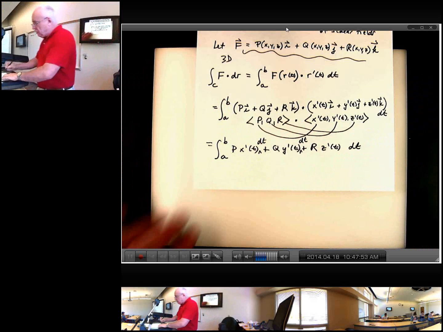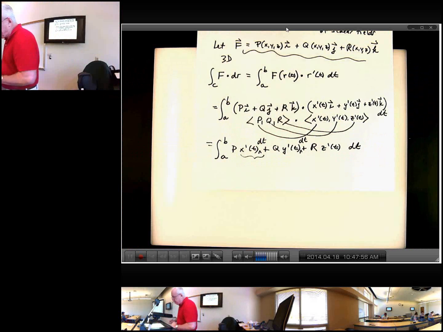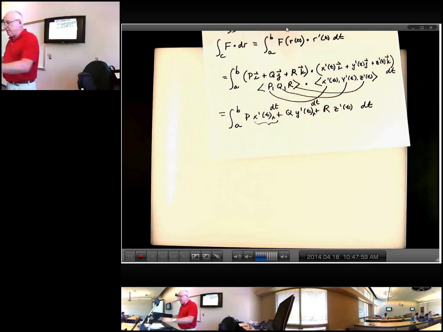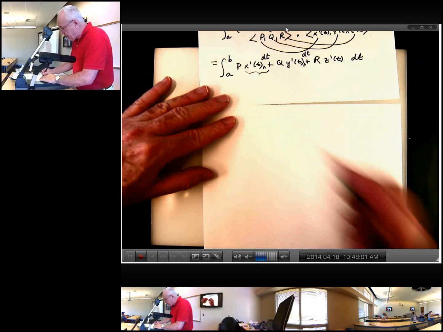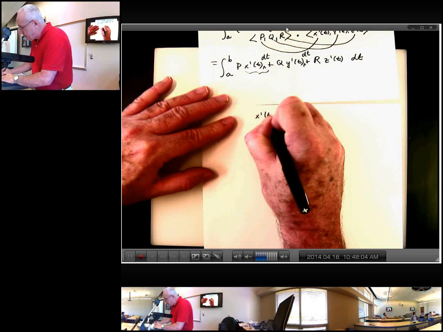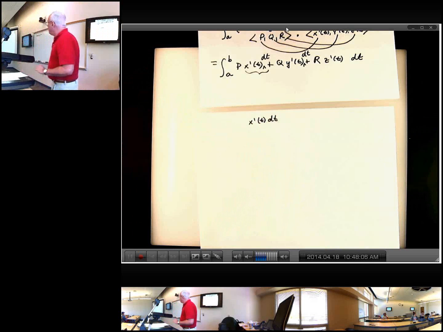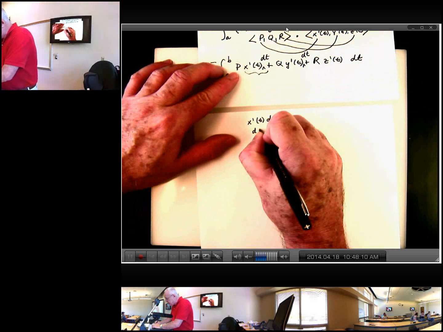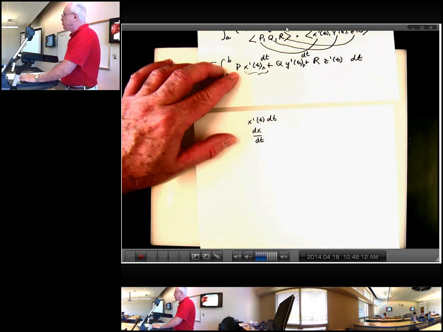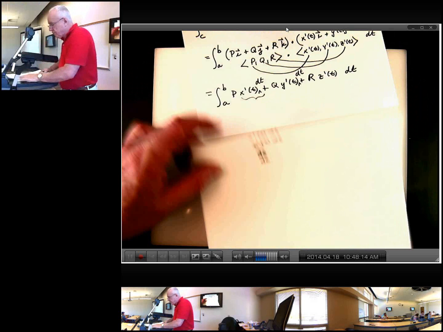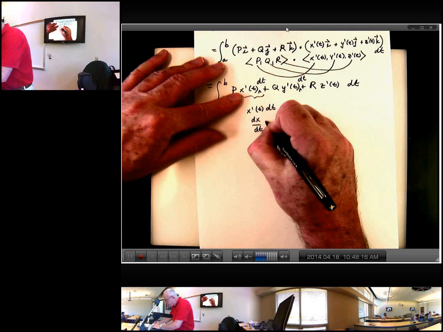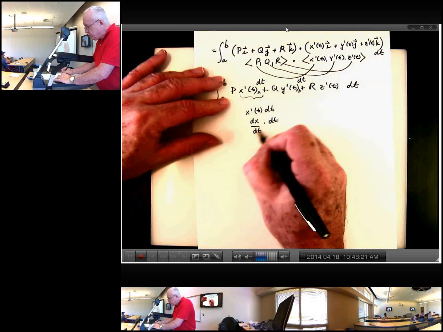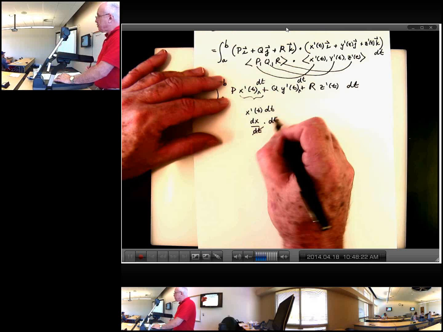And let's look at what we have here. Here we have x prime of t times dt. Another way of writing x prime of t is dx/dt, the first derivative, and I'm multiplying that by dt. Remember, with these differentials, we can do this algebra on them.